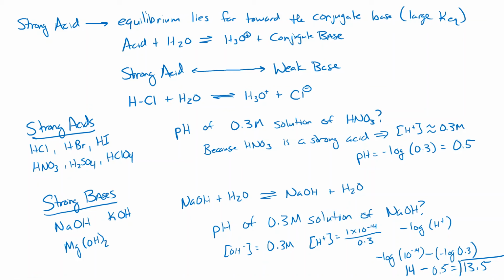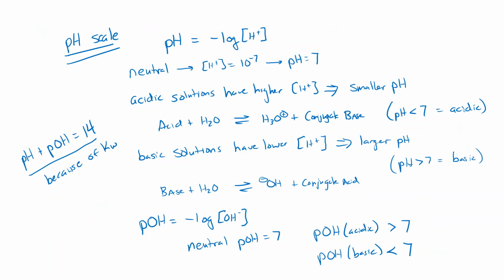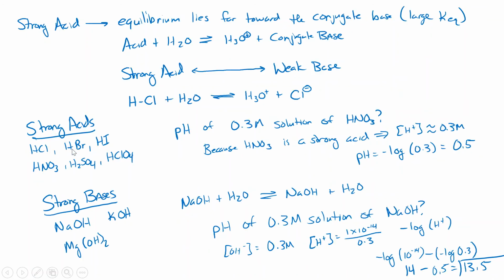We could figure out the pOH basically and then take 14 minus that because remember, the pOH plus the pH is going to be equal to 14. So if we had just taken the negative log of 0.3 to find the pOH, that would give us 0.5. We take 14 minus that, that gives us our pH. Okay? So there's a couple of ways around that. But either way, no matter how you do it, you're going to get to 13.5. And you're usually going to get there by taking 14 minus 0.5.